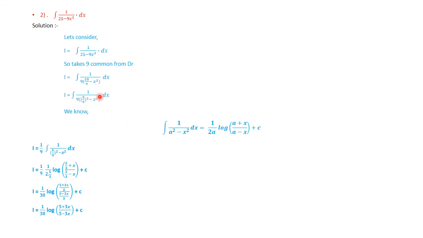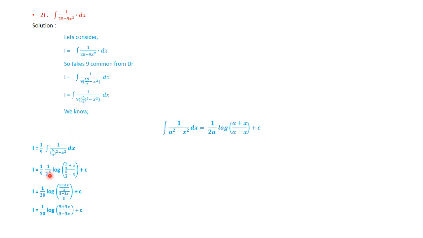Now it is again a standard form, 1 by a square minus x square dx, and it is equal to 1 by twice a log of a plus x upon a minus x plus c. The a plus x and a minus x are nothing but the factors of these terms. To remember this one, and using this result, what is our a?